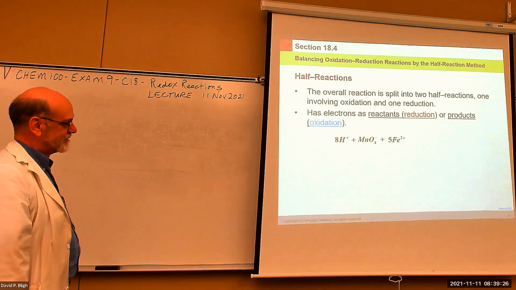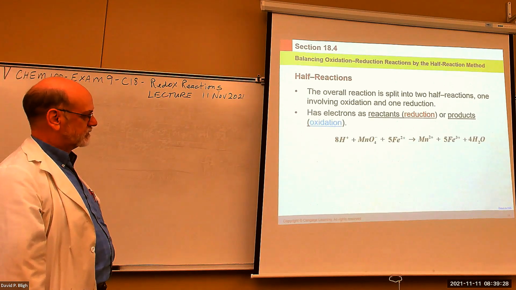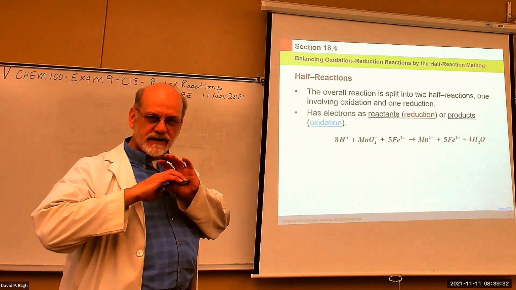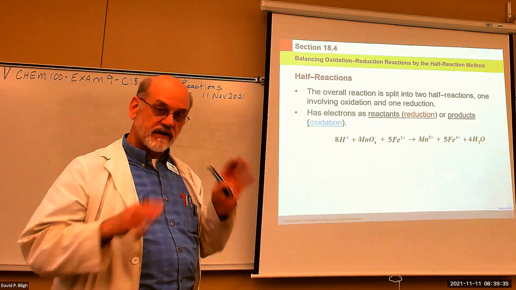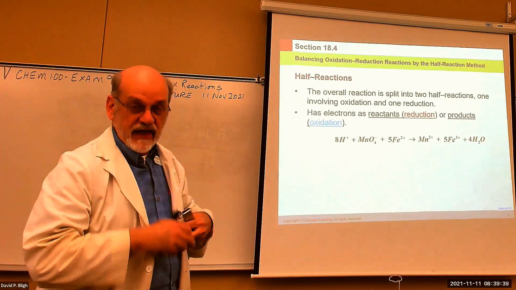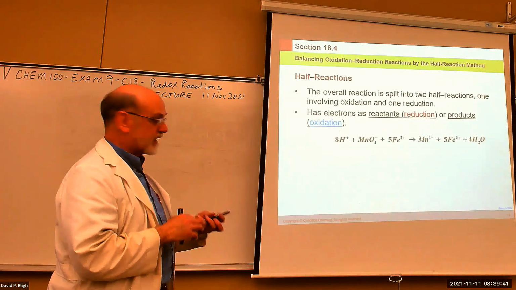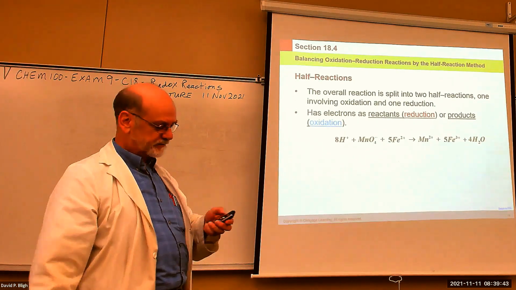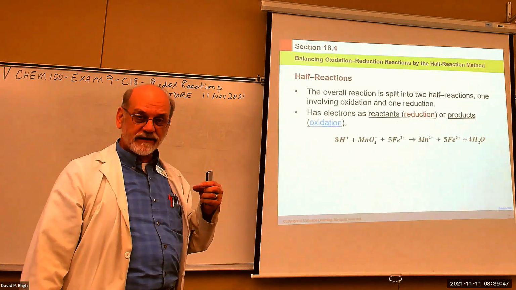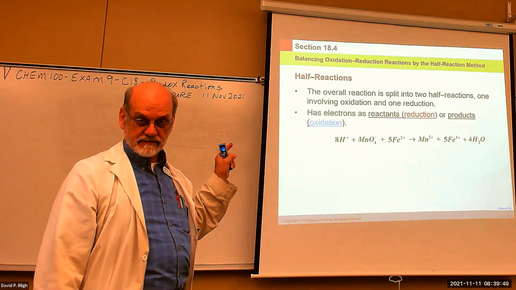Okay? So here's an example. This one already has everything that's involved in the reaction there in the equation. This is just to show the end product, so to speak, and how we got there. So 8 protons means what? That's an acid.